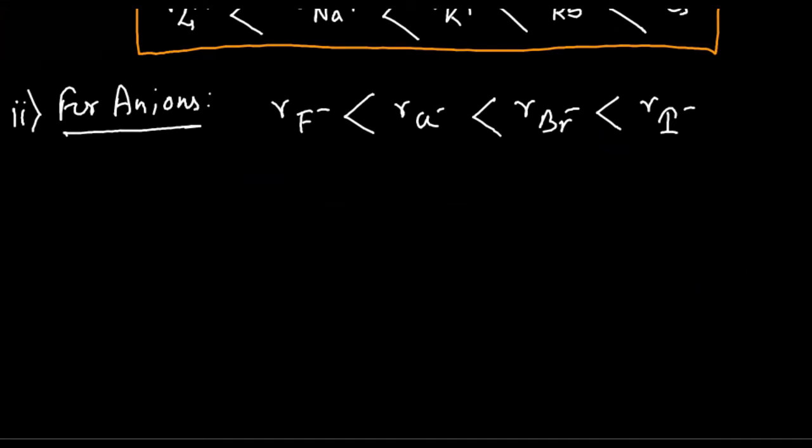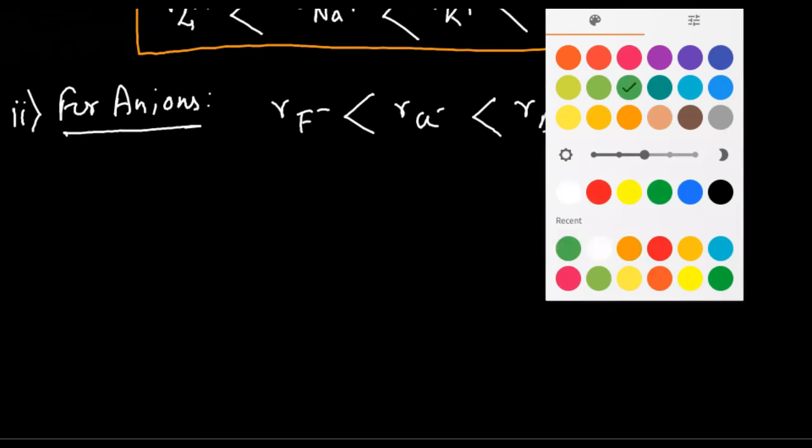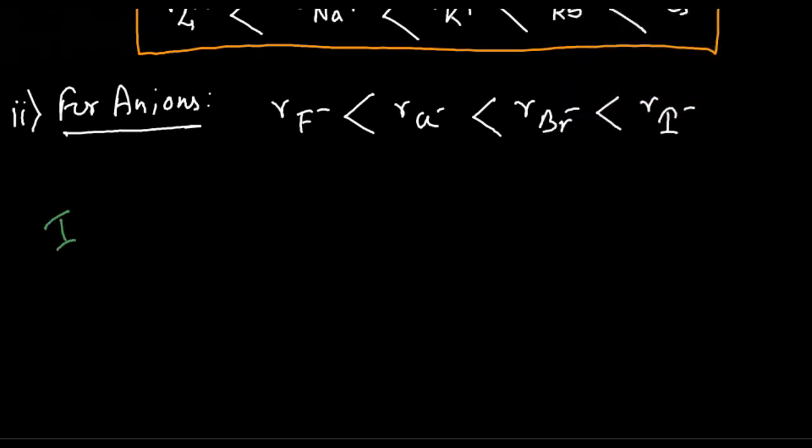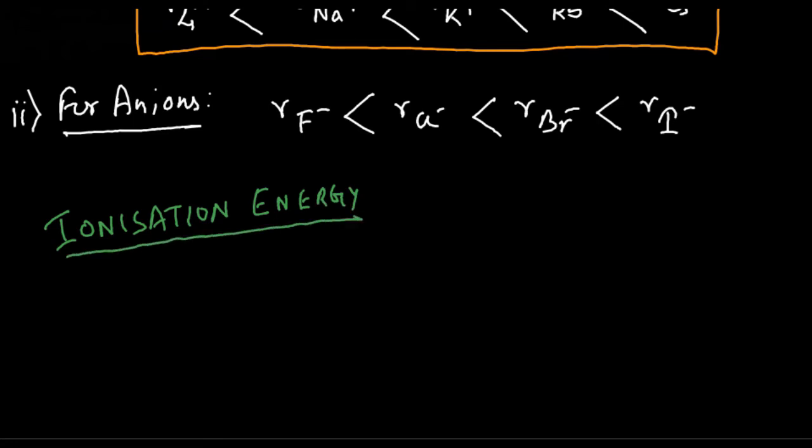Next, we will discuss ionization enthalpy. What is ionization enthalpy? Ionization enthalpy is the amount of energy required to remove the most loosely bound electron from the valence shell of an isolated gaseous atom.